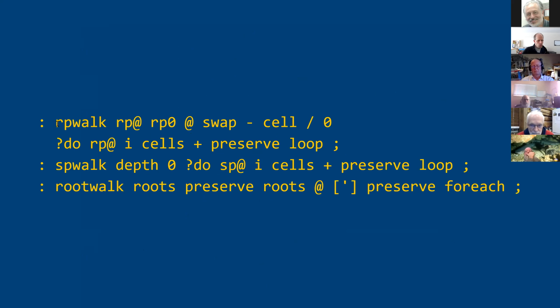And then you need to walk three different things. You need to walk those roots that we talked about before that are explicit variables. And then you need to walk both the data stack and the return stack, because you might have things there. And a critical thing throughout this is that you're assuming that if you see a value on the stack, if it is inside of that heap space, you assume that it's a reference to that pair.